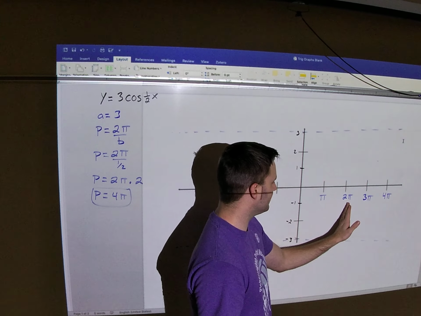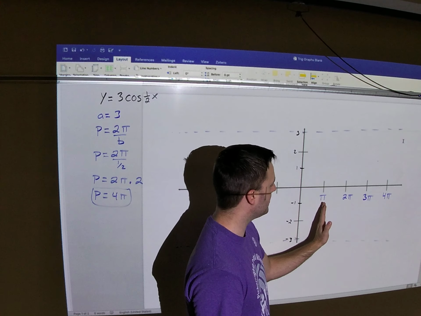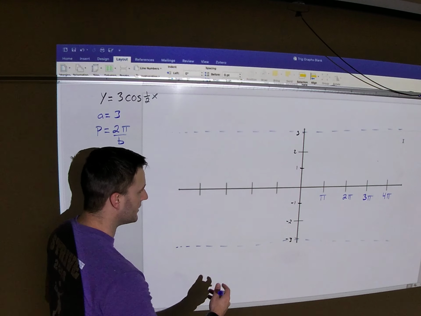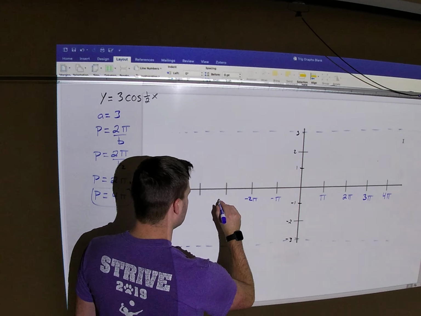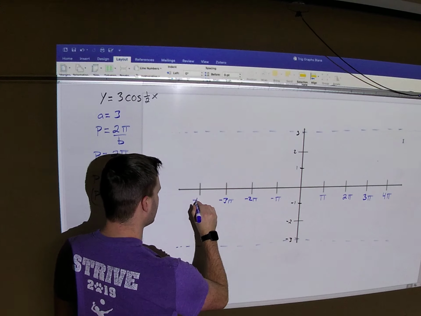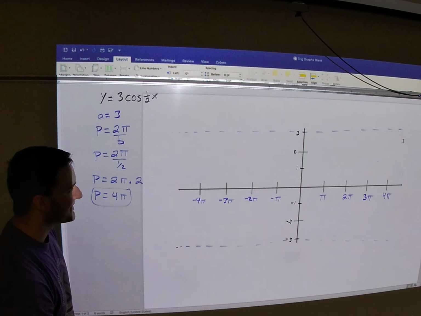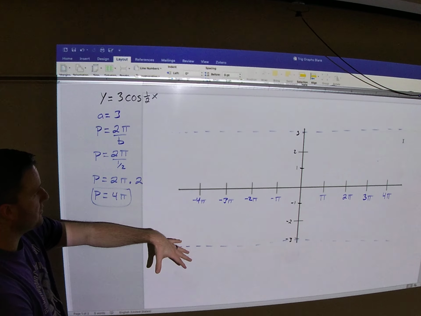And then I take half, and then I take half again. And I take this value, and I multiply by 3 to get my final tick mark. Here would be the negative side, so negative pi, -2 pi, -3 pi, -4 pi. And you may ask, oh, do I have to do that? Yes, you do.